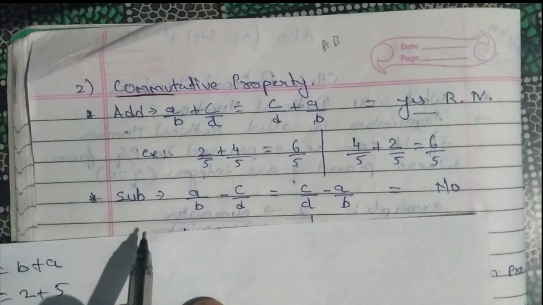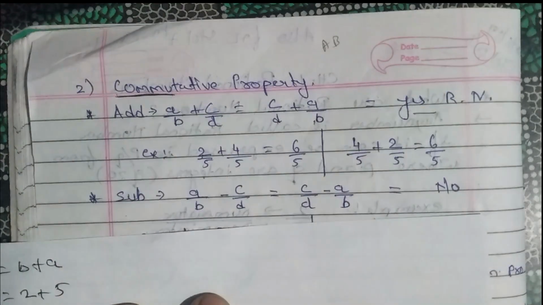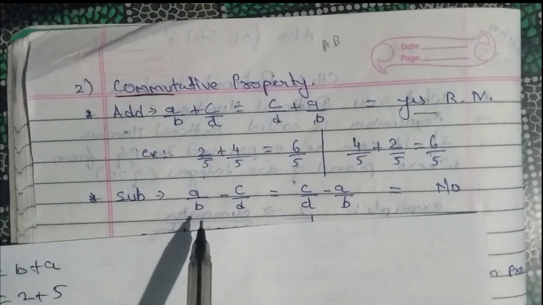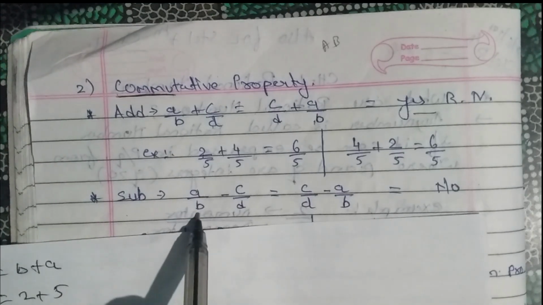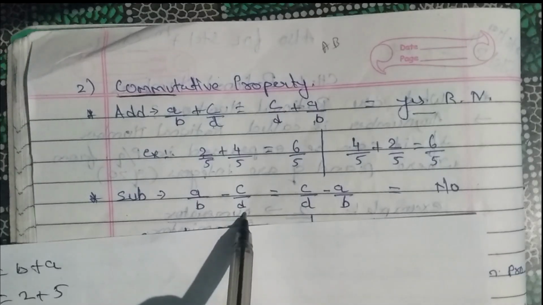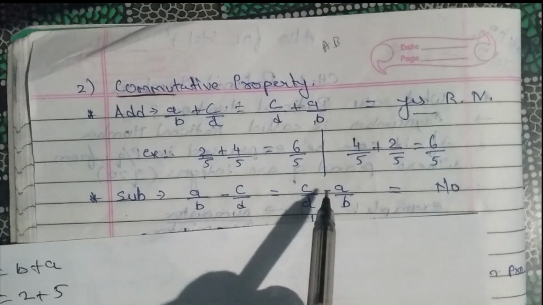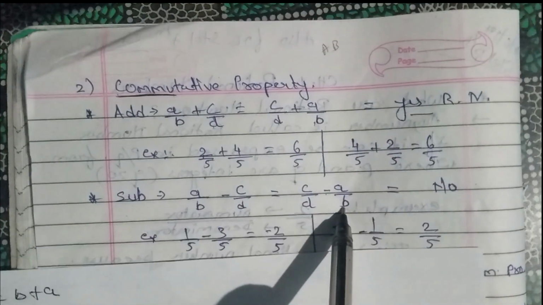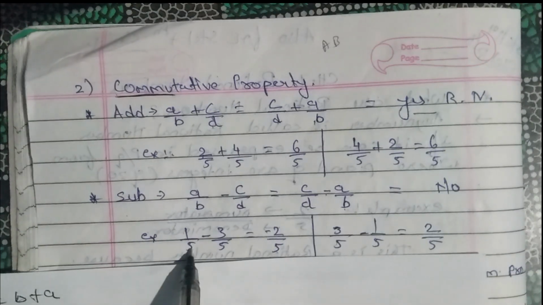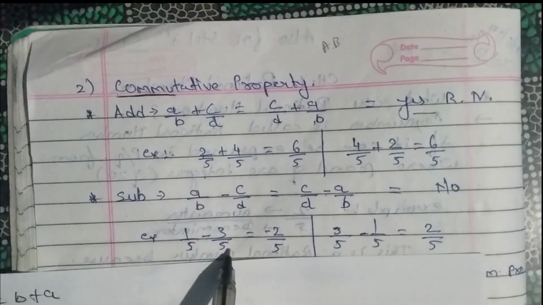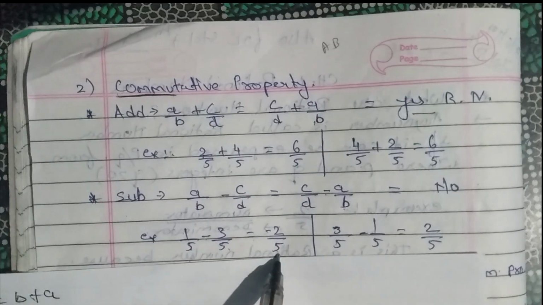Now let's check subtraction in commutative property. So a upon b minus c upon d. If we change the positions, c upon d minus a upon b. Let's understand it by an example. 1 upon 5 minus 3 upon 5 equals minus 2 upon 5.